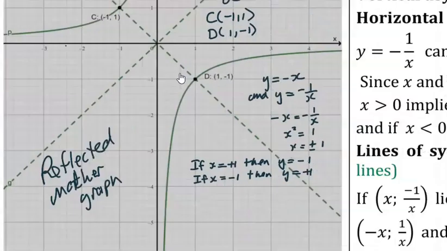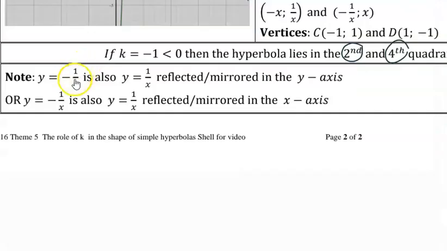This is my reflected mother graph. Okay, so you have to know this by heart. We can also say that y equal to minus 1 over x is 1 over x reflected in the y-axis, and is also reflected in the x-axis. So just mirror images. The one is just a mirror image of the other one.